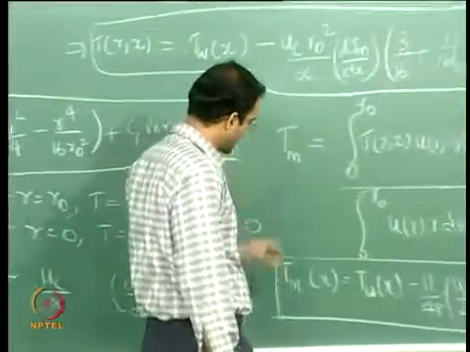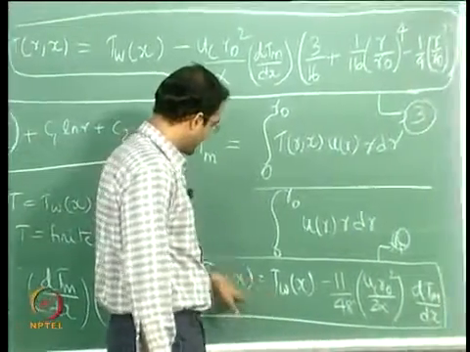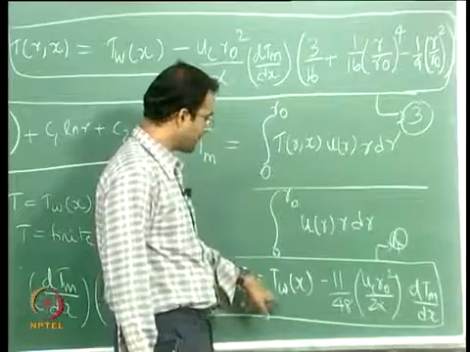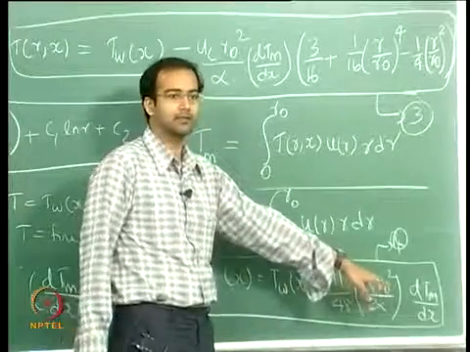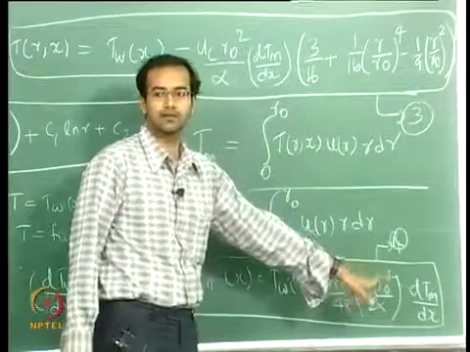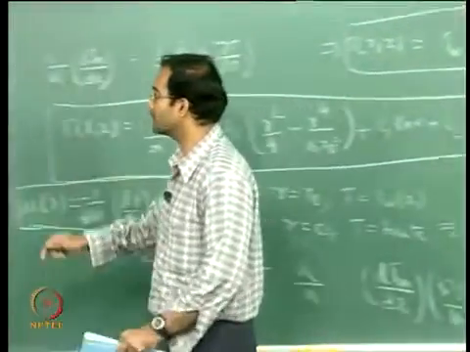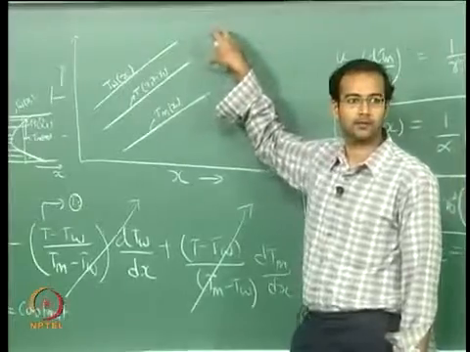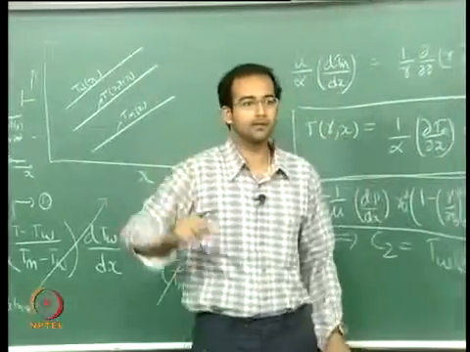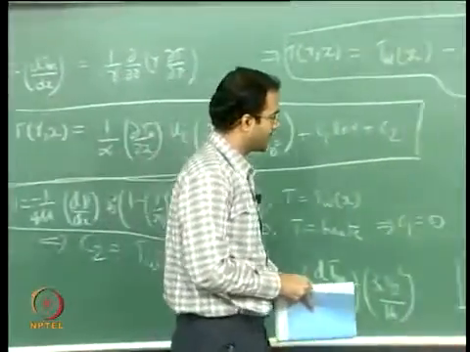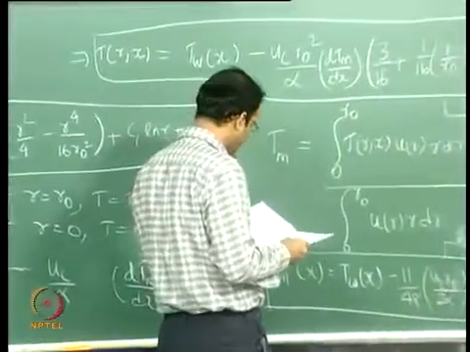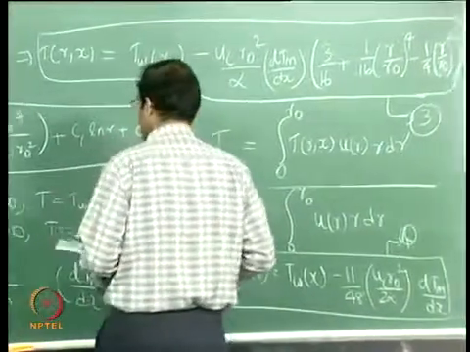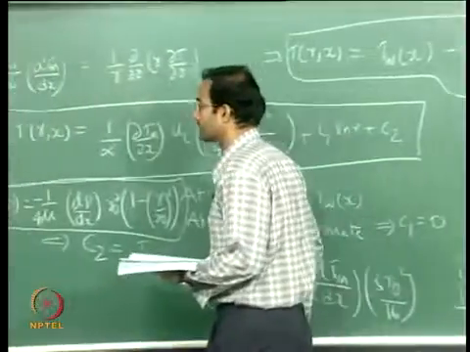So therefore you can see your Tm minus T wall is going to be a constant because dTm by dx is a constant. So the difference between the two, Tm minus T wall, has to be a constant. Alright, so once you got your Tm, now we can calculate the non-dimensional temperature.